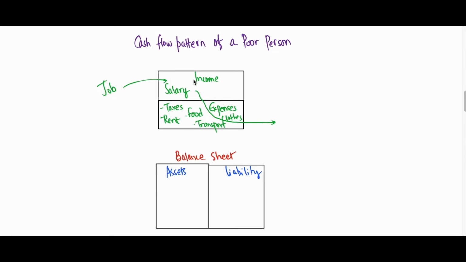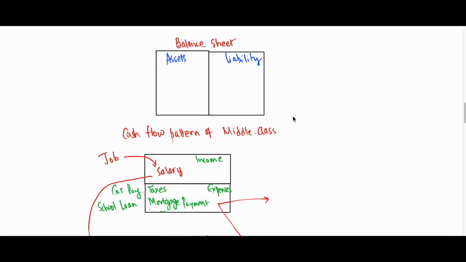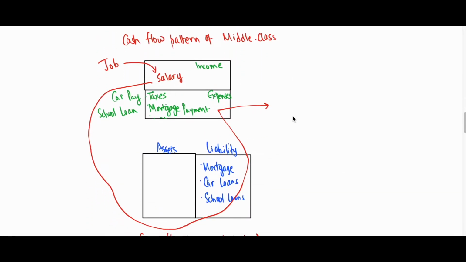Now the cash flow pattern of a middle class family. A middle class family has a lot of liabilities. A liability is something that keeps money out of your pocket. Middle class people have many liabilities: they have house mortgages to be paid, car loans, school loans, and credit card payments. These are the liabilities he has to pay for.